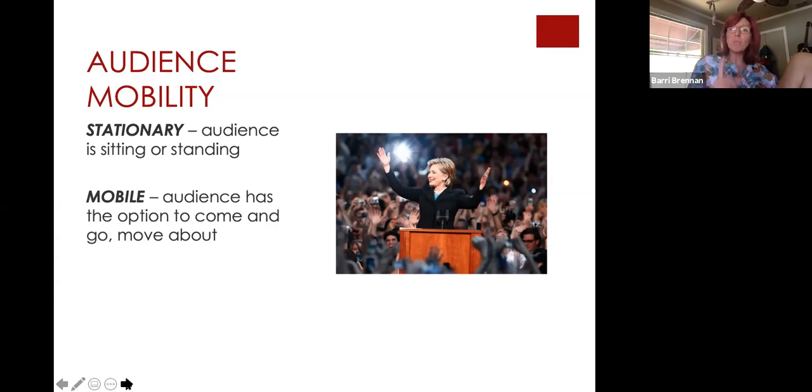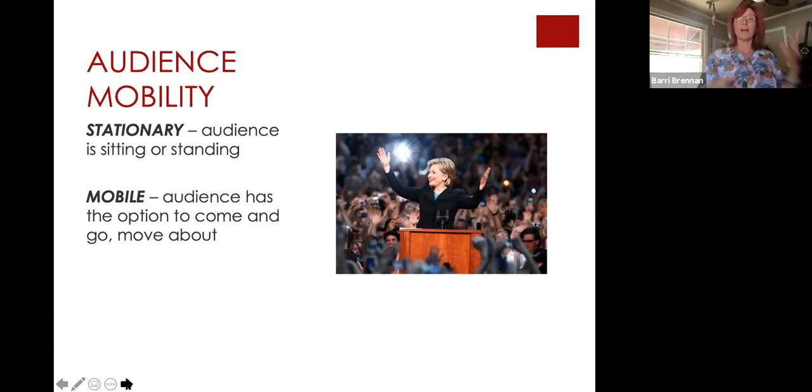When the audience is mobile, let's say you're giving a speech at school in the free speech quad, and people are moving around and might stop to hear you speak, the burden on the speaker is to be more animated and more physically interesting, and to use your hands and gestures, because movement gets our attention.